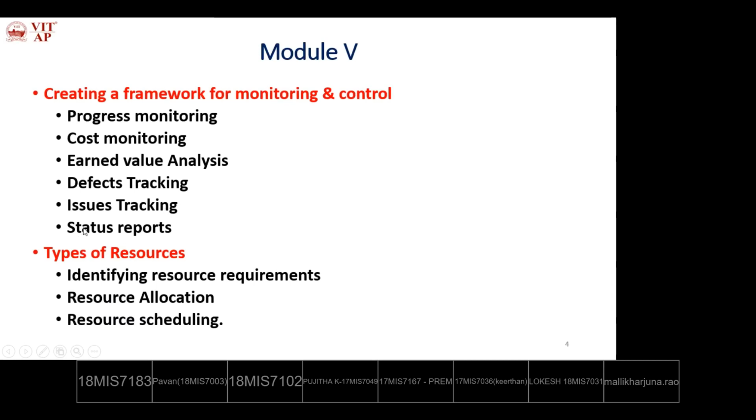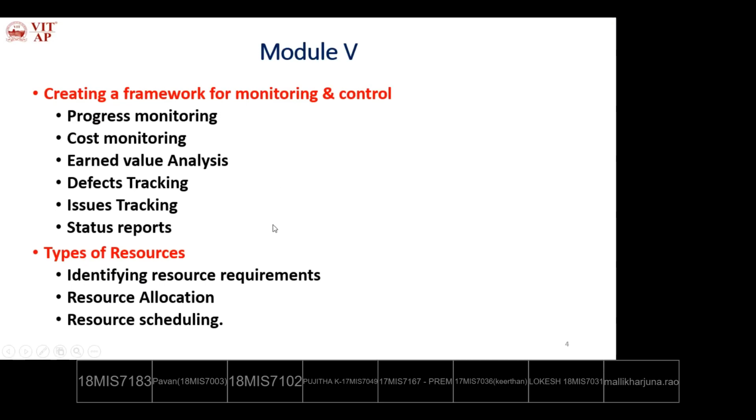Finally, preparing reports on all the project deliverables: status reports, report of project, report of modules, report of submodules, and so on down to objects. That is the first part, creating a framework for monitoring and control.